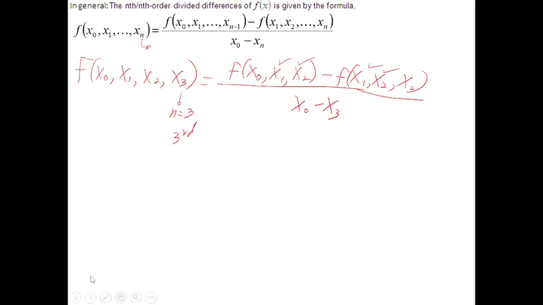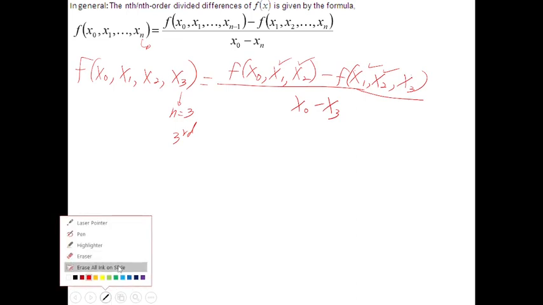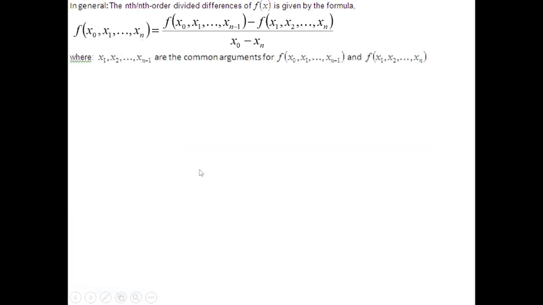So we can proceed. We have x sub 1, x sub 2, up to x sub n minus 1. These are the common arguments for the two divided differences, and then x sub 0 and x sub n are the arguments not common for the two divided differences.